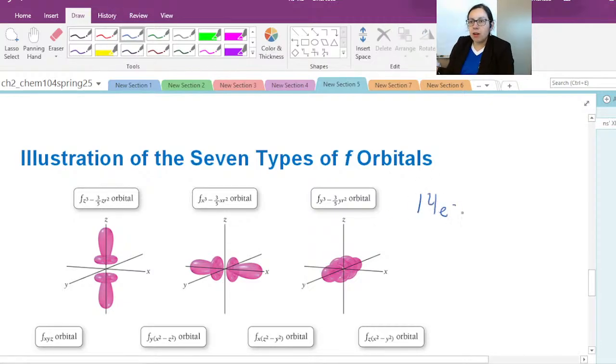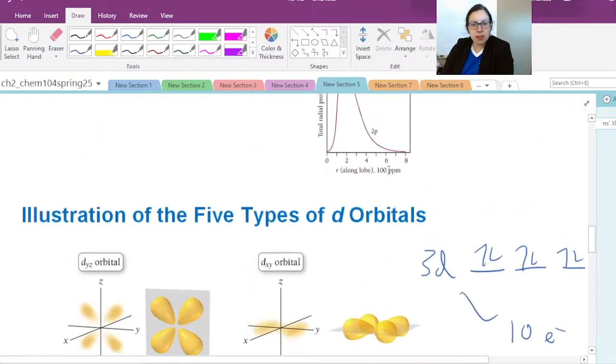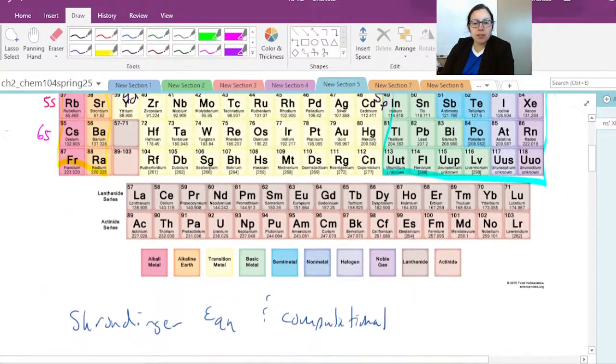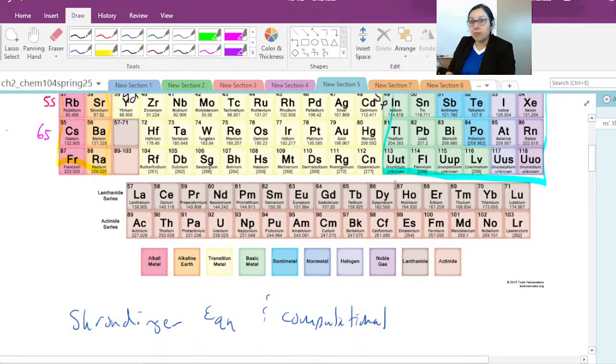And so this is where you first have to check your periodic table that you're using, because again, there are some discrepancies. And so if we start with this one and we count across, we have 1, 2, 3, 4, 5, 6, 7, 8, 9, 10, 11, 12, 13, 14, 15. Well, that doesn't quite work.